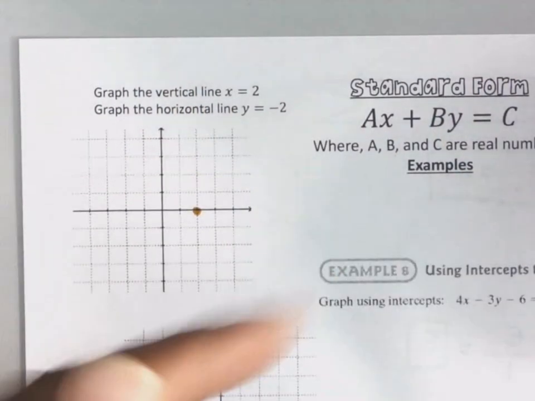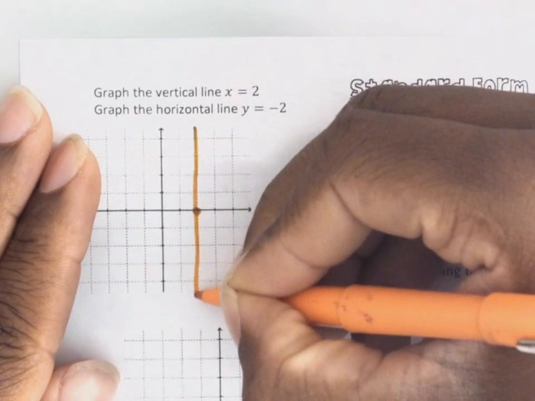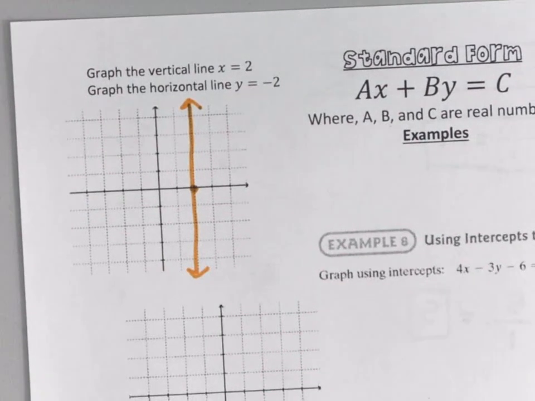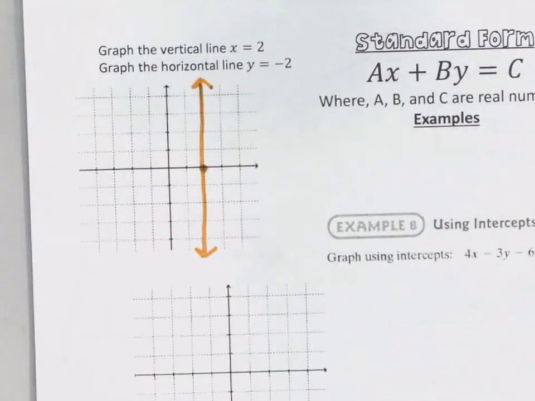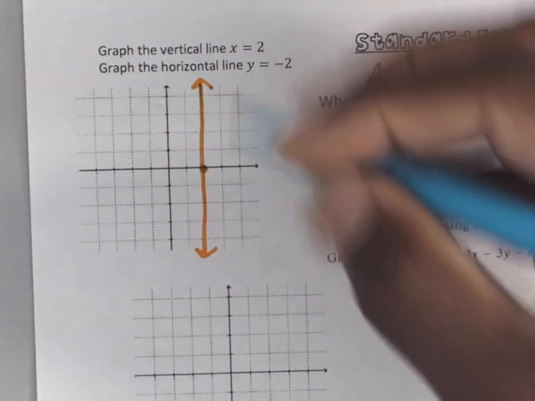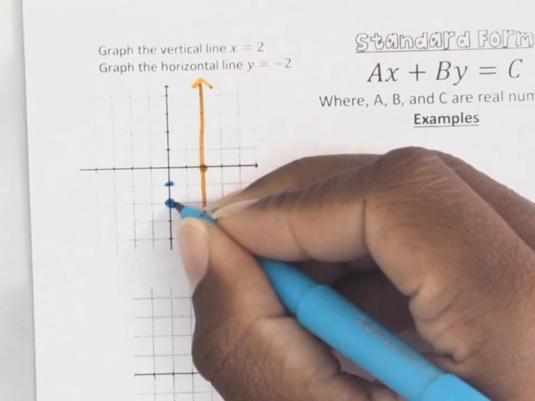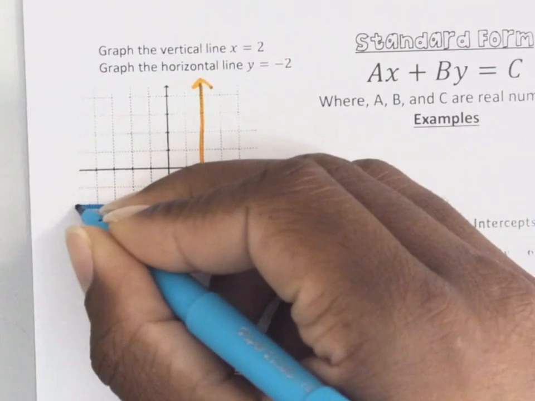So with these x equals something, these are your vertical graphs, or a vertical line graph. Just straight up and down. Well then by default, y equals negative 2 would be a horizontal graph, right? So I would just go to that value, negative 2, and no matter what x is, y is always negative 2.